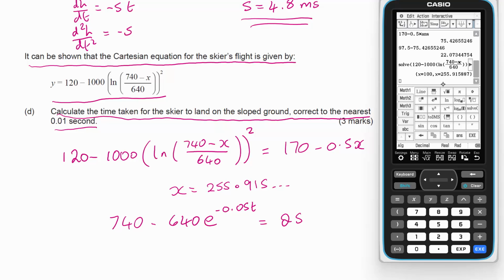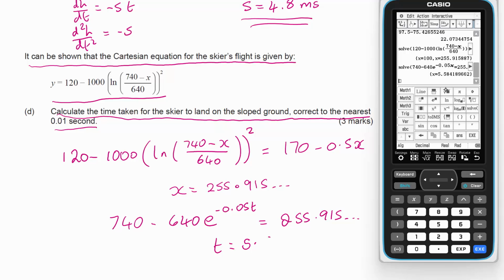So if we put that equal to 255.915 and so on, we'll find the value of t. And I've solved that as well, which gives me that t is equal to 5.58 seconds, correct to the 2 decimal places required.